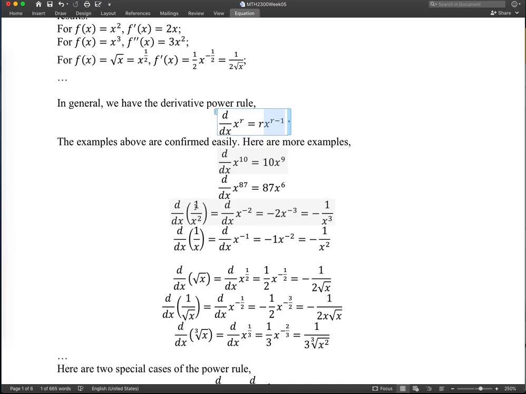So I consider 1 over x squared as x to the negative 2. Okay, r is negative 2. Bring down this r as a coefficient to the front, negative 2. At the same time, decrease this negative 2 by 1. Negative 2 minus 1, that's x to the negative 3. So that is negative 2 times x to the negative 3, and that is the derivative.